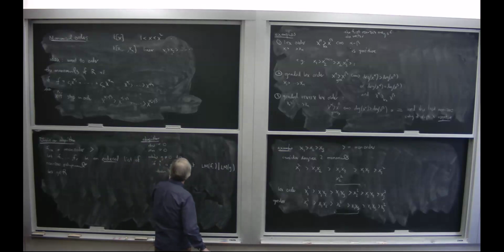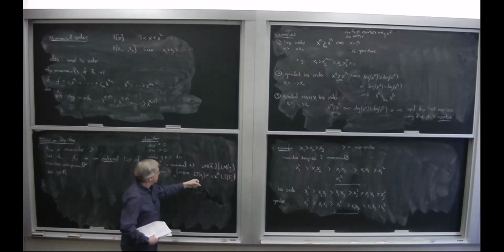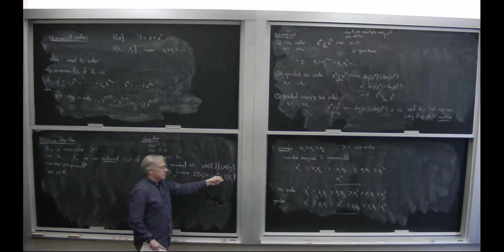Then, in parentheses, I'm going to say, suppose the lead term of G is equal to C times x to the beta times the lead term of Fi. Okay, so if it divides it, then there will be some constant maybe, but otherwise it's something like that.